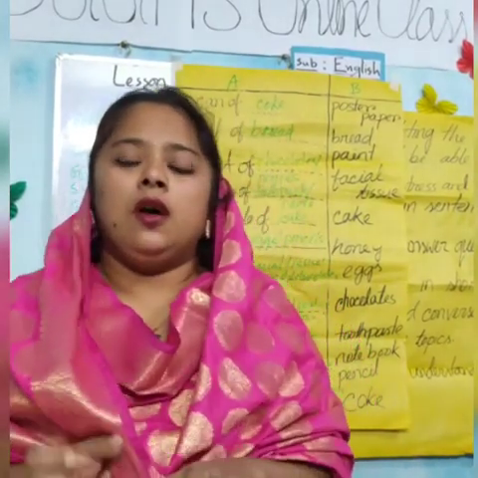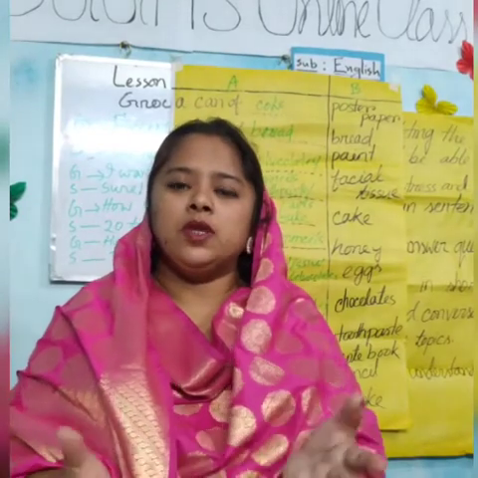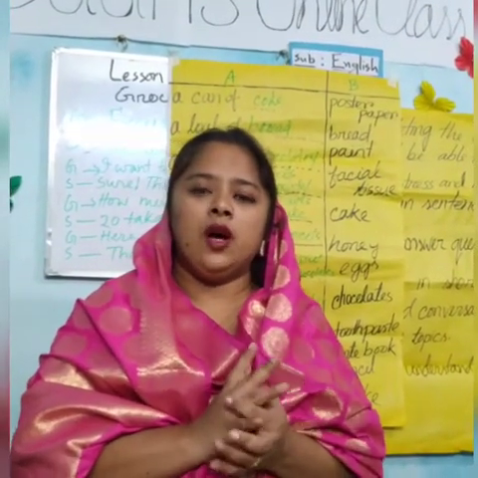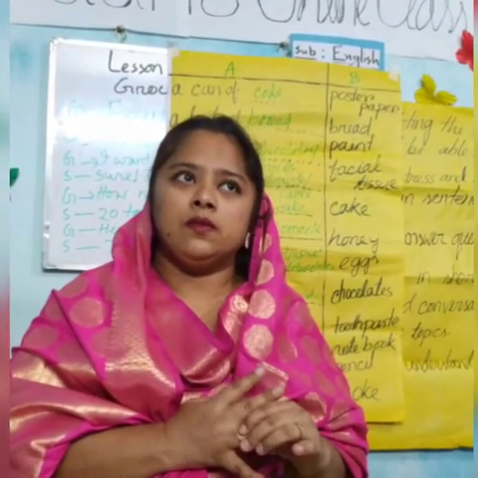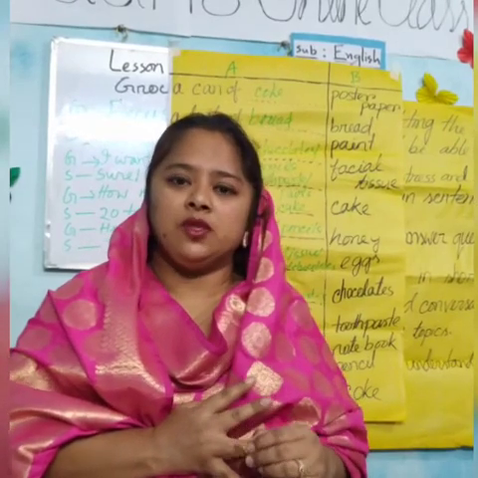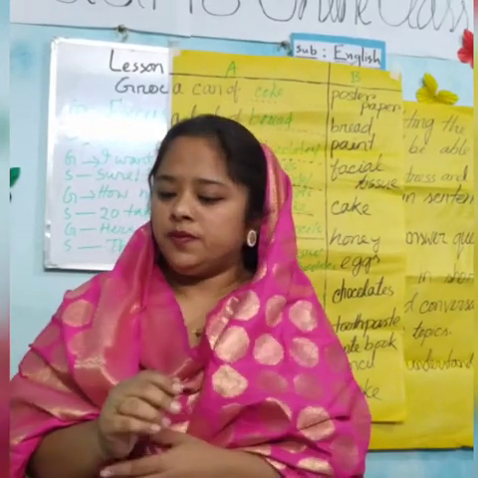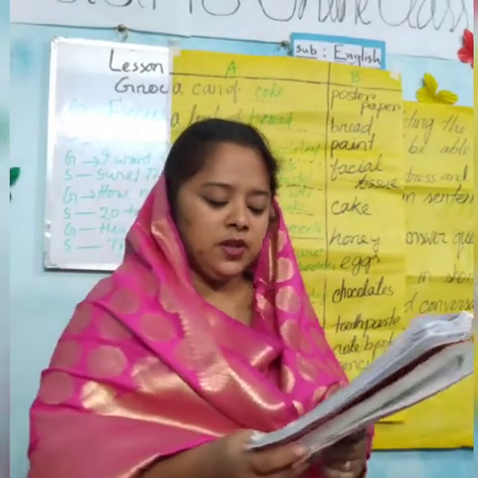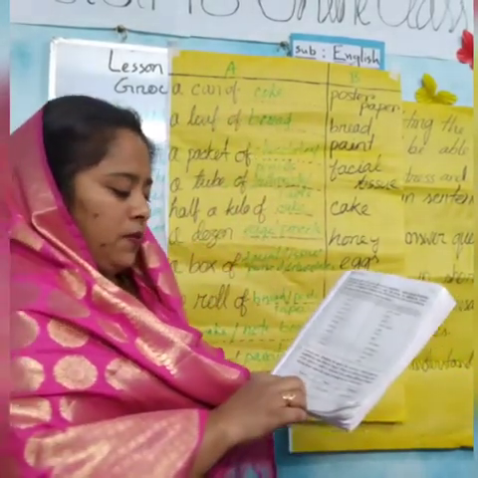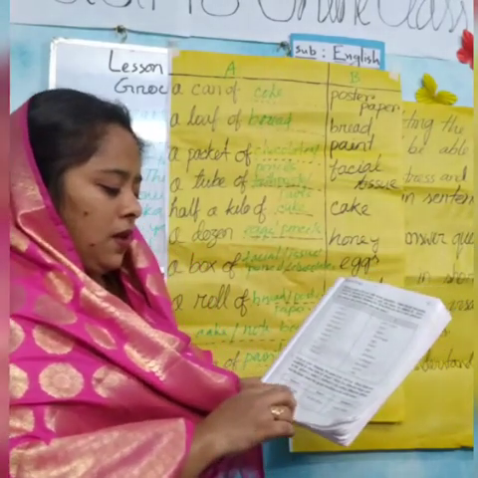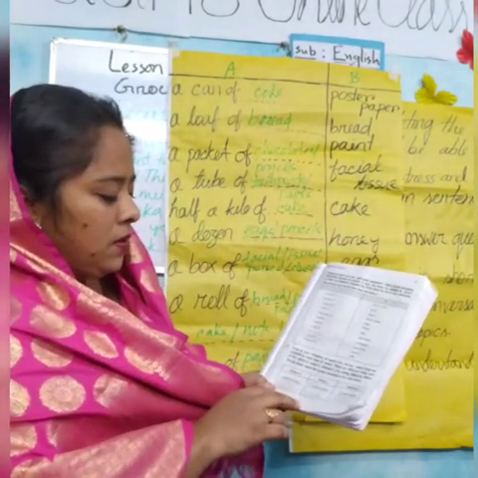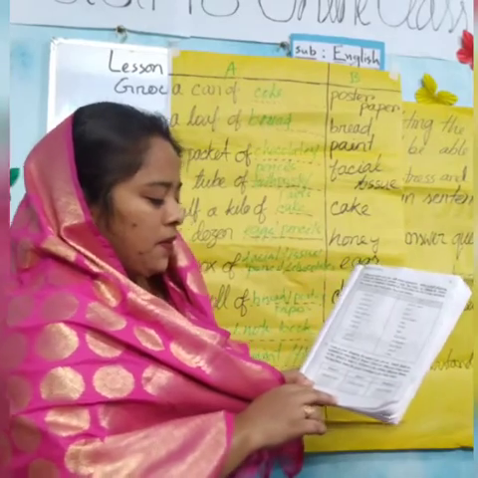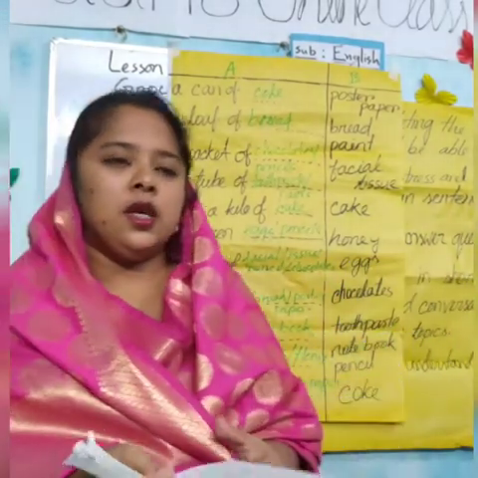Grocer is the person who sells food or household items. So here we can see a dozen of eggs in the grocers column. Then bakers.